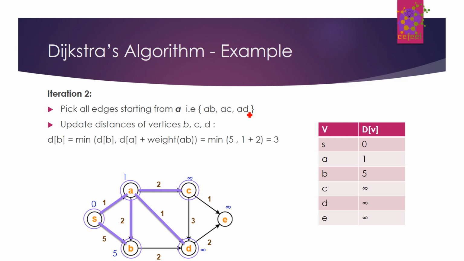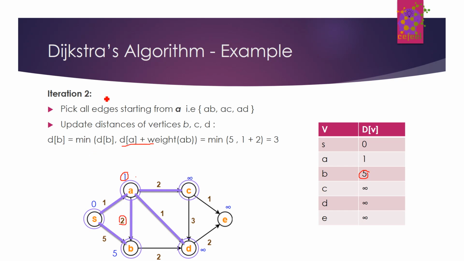So first, distance of B. So what was the previous distance of B? Previous distance of B was 5. And now what would be the distance of B that we have found through A? So distance of B through A is nothing but distance of A, which means 1, plus the edge AB, that is 1 plus 2, which is 3.